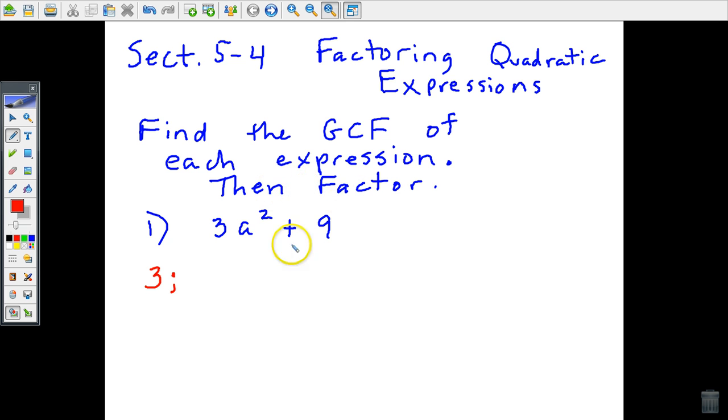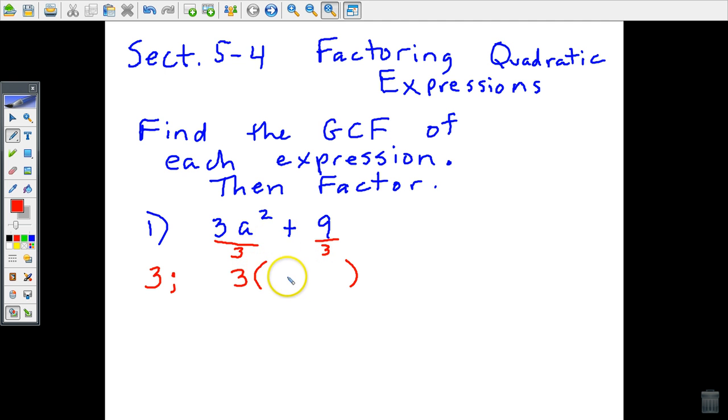Okay, now factoring. Again, we're going to show this as two terms being multiplied together: 3, being the GCF, multiplied times some quantity. The way I get the terms that go inside the parentheses is I divide the GCF into each of these two terms.